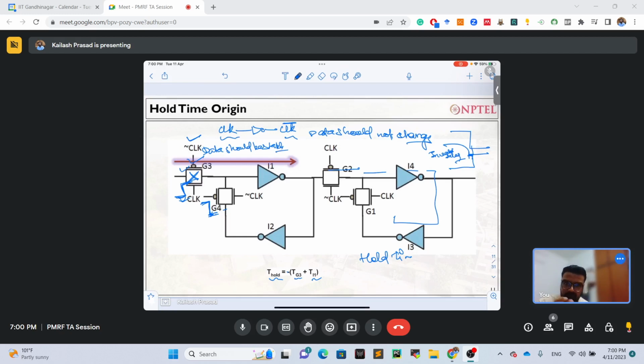If both of them turn on and off at the same time, then there cannot be a hold time violation. Actually, you have more buffer time, you actually have negative hold time. Negative hold time doesn't mean anything as such, but maybe to understand, we write this kind of thing. Hold time is actually 0 in this case.